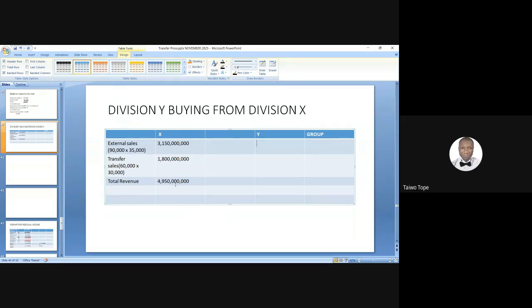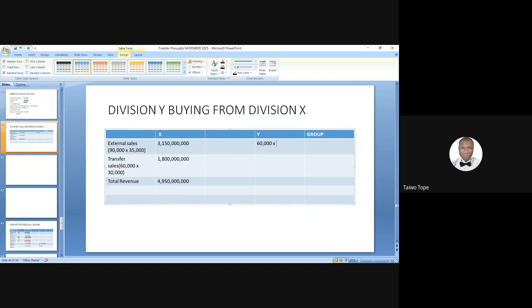This is the total revenue. Fine. This 60,000 that division Y is buying from X, what are they doing with it? Are they just keeping it? They will sell it, so that will be their own sales. 60,000 tires, but at what price will they sell it? 35,000, because that's the external market price and they are not adding any value to it.